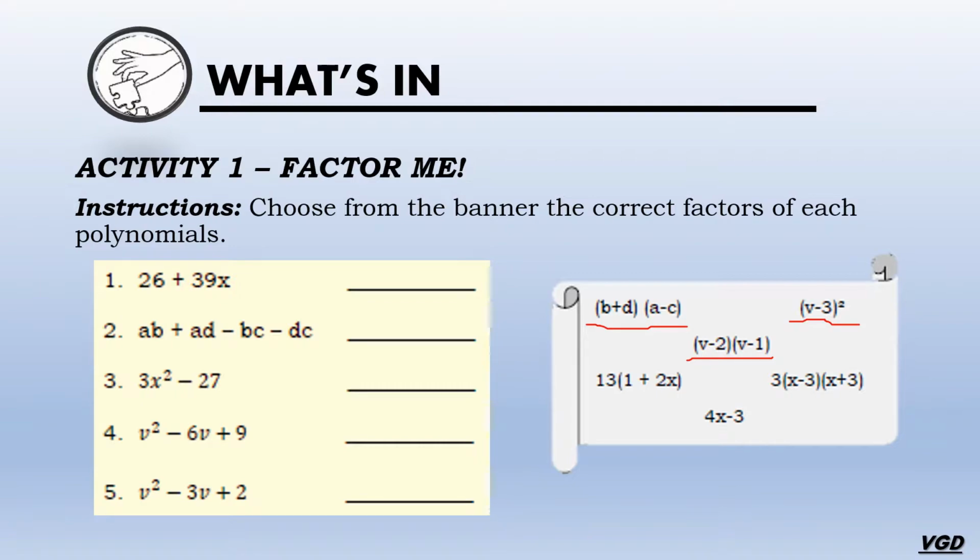Here also is 13 times the quantity of 1 plus 2x. Another choice is 3 times the quantity of x minus 3 times the quantity of x plus 3. And the last choice is 4x minus 3.